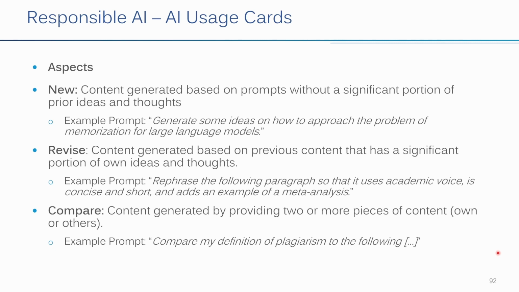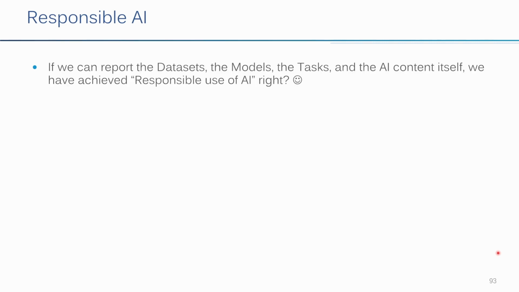Given all these alternatives, in order to properly disclose the use of AI in our work and our projects, how the data was composed, how the model performed on specific categorization of data or specific distributions, how certain tasks were provided, or which AI tasks we were playing around with, we might think that if we can report datasets, models, tasks, and the AI content itself, we have achieved responsible use of AI, right?